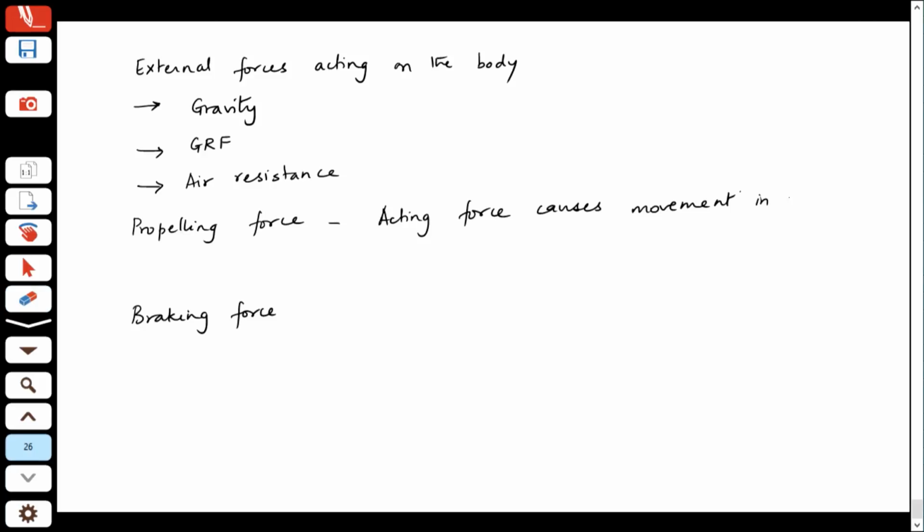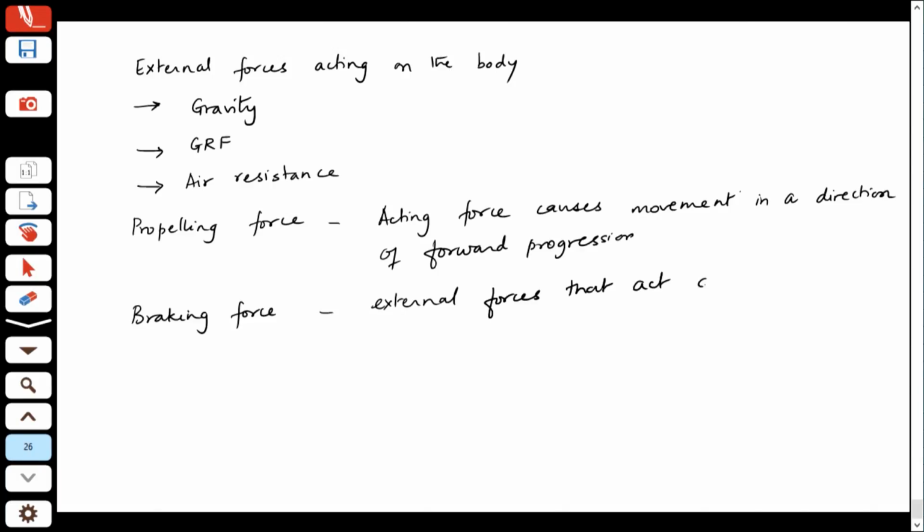It is typically referred to as the direction of forward progression. So, if I am walking from point A to point B, then my forward progression is from A to B. A braking force, these are external forces that act opposite to the direction of progression.